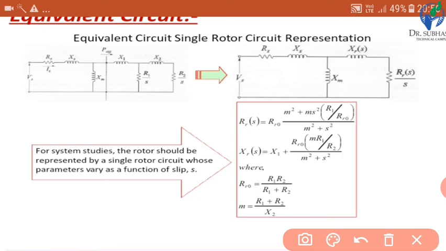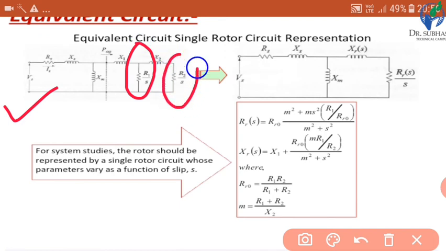In the single rotor circuit representation, the equivalent circuit is almost the same as the equivalent circuit of a normal induction motor, but here we can see there are two rotor resistances, R1 upon S and R2 upon S. So in the equivalent circuit also we have to consider these two resistances.